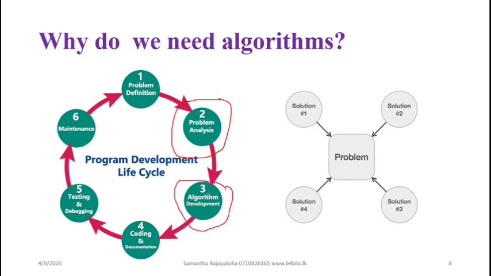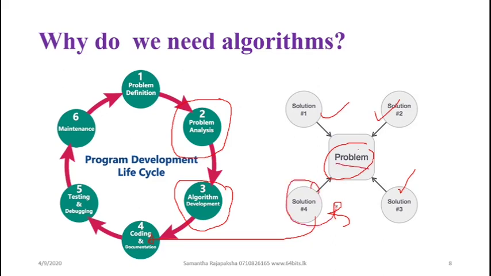Remember, for one problem there can be many algorithms, not only one. Several algorithms will be available for one problem. Then we need to find the best solution, and only that one will be coded, not the others. Therefore, once a problem is analyzed, we have to develop the algorithm, find the best algorithm among the different ones for the same problem, and the best algorithm is the one which is going to be implemented.